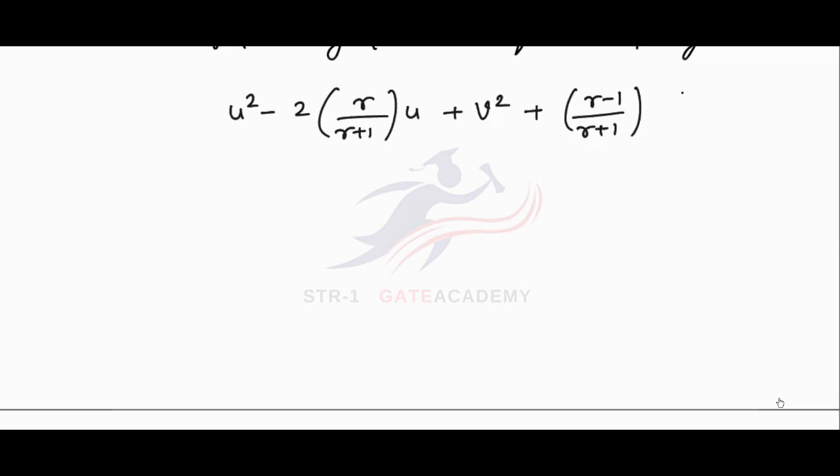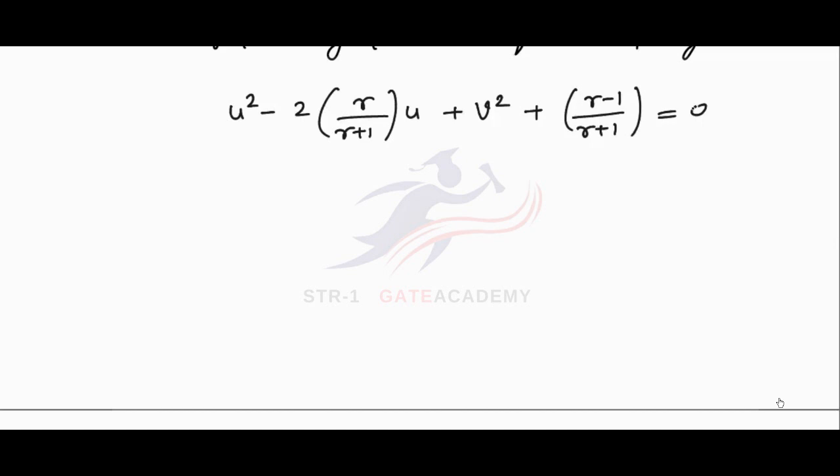When we equate the real terms, I get the equation U square minus 2 into R by (R plus 1) into U plus V square plus (R minus 1) divided by (R plus 1) equal to 0.